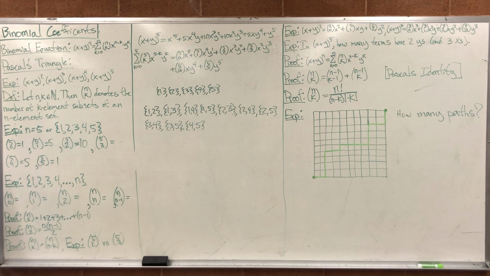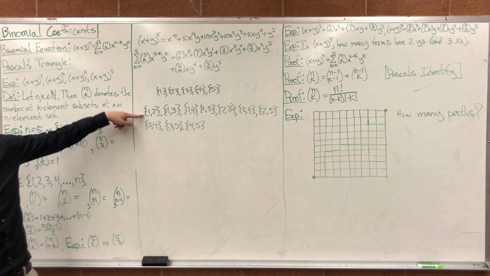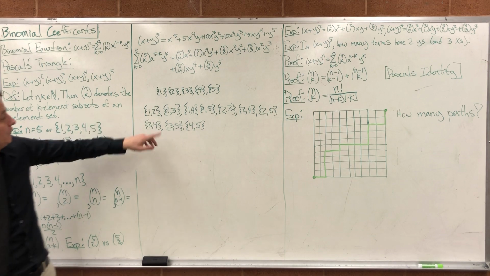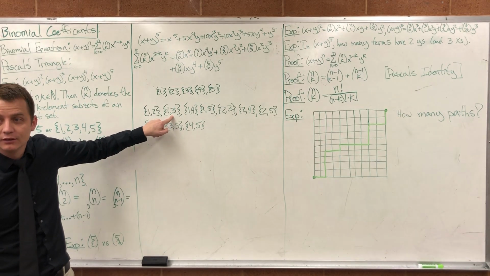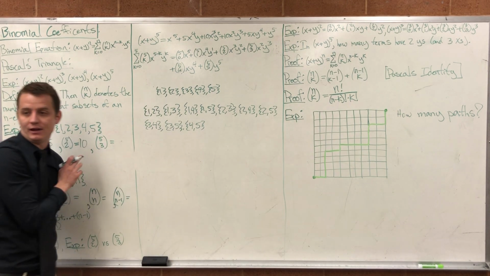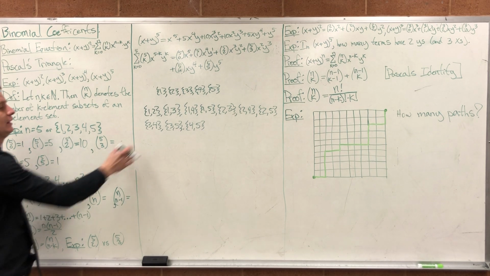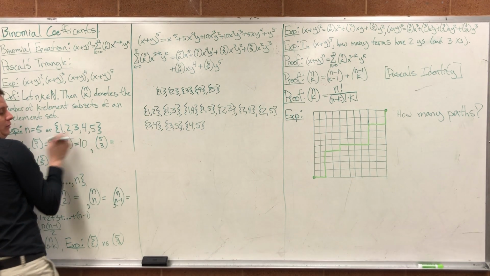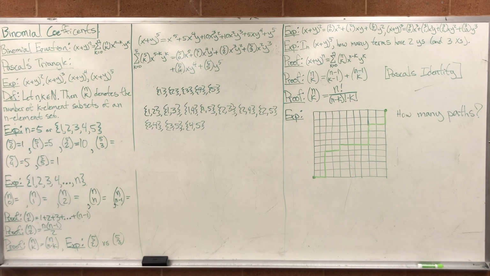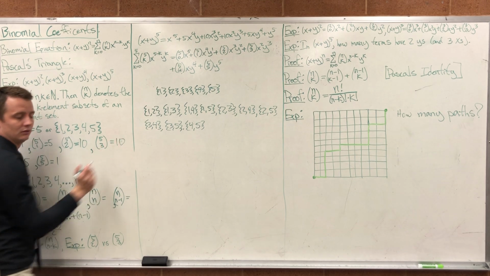Same amount, 10. I can have the set that contains everything except 1, 2, or everything except 1, 3. That's a one-to-one pairing, the complement of all these sets. Have we talked about complement before? Yes. Everything that's not in this set, but in our initial one. And so the answer here is going to be 10.